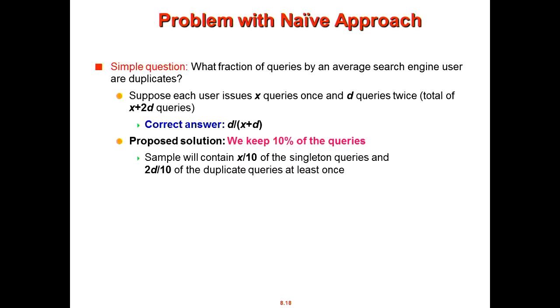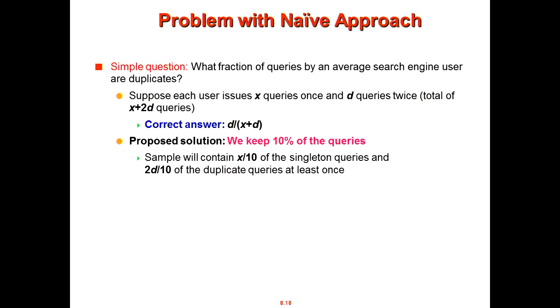But if we remember that we are using the sample data to do the computation, then in the sample data, we have 10% of X queries that are distinct. So that's one part of distinct queries. But remember that now the 2D queries, we only keep 10% of them. So the duplicates are not the same as in the original 2D queries.